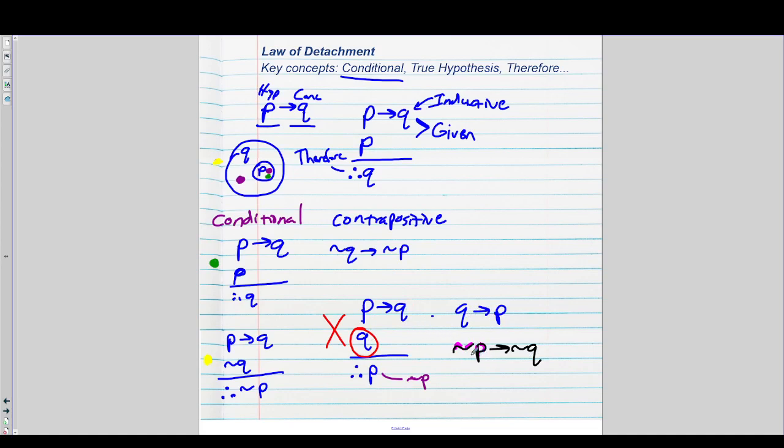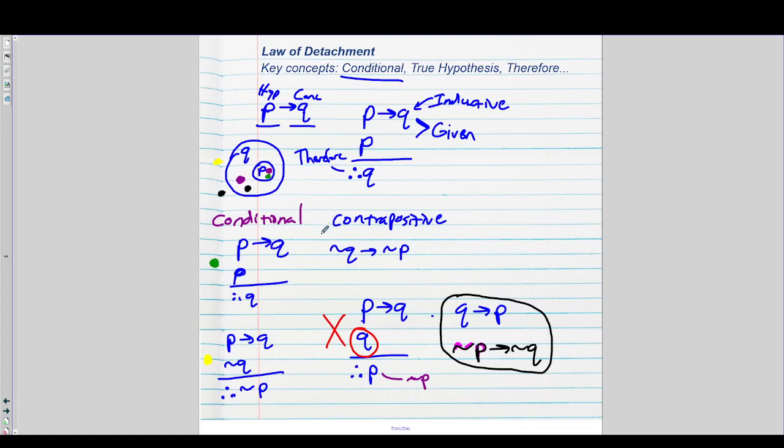So we can find a dot that's outside of P and is inside of Q, or outside of P and outside of Q. So we don't know anything for sure about these two because they're not logically equivalent to the original statement. So that was a lot of stuff here.